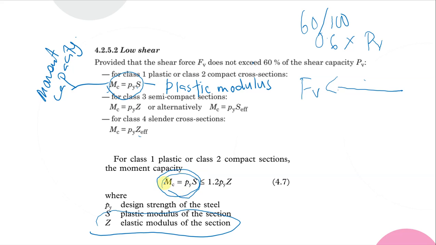We must make sure that it is less than or equal to 1.2 PYZ. Z here is the elastic modulus, you have to calculate it. So you check first that MC is less than 1.2 PYZ, meaning okay. Once it is okay, then you compare with the moment produced by the loading. It is not that hard, but the working is quite long.